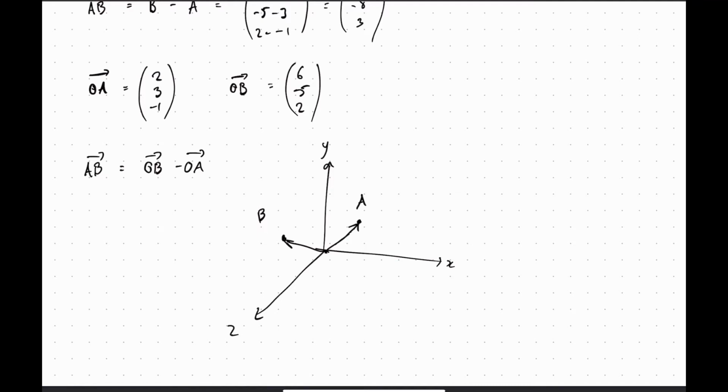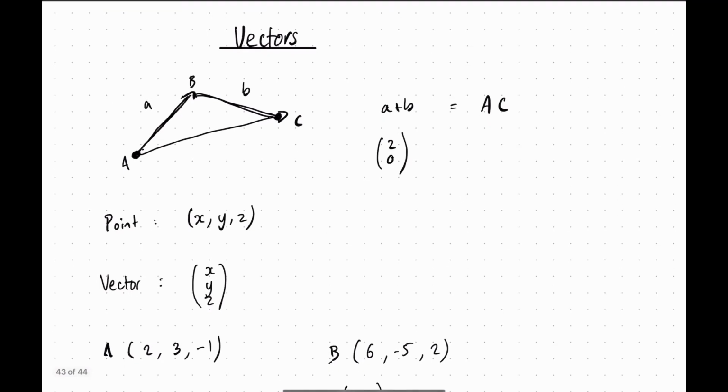When I try and find AB, I've got this vector here. So when I'm going A to B, I'm actually doing the opposite direction of A when I'm combining them. Do you remember how the arrows had directionality to it? If I go the opposite direction along a route, I need to now say minus.